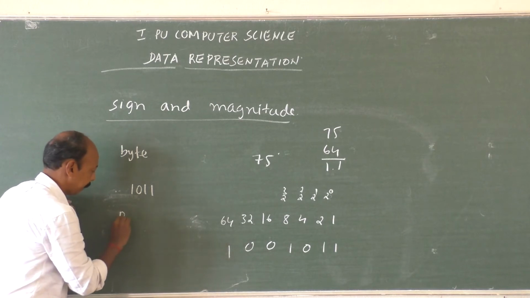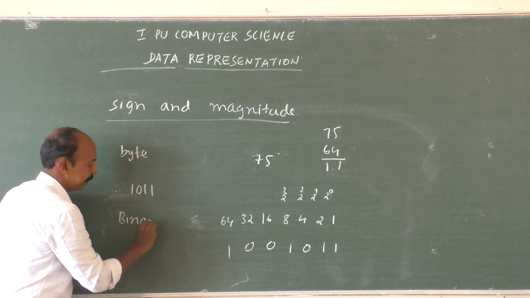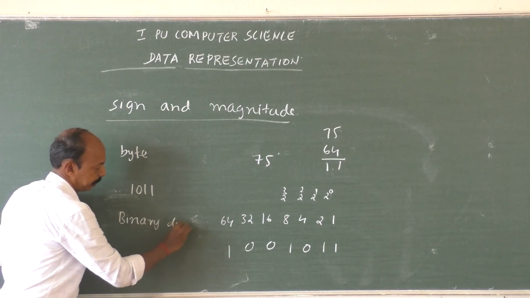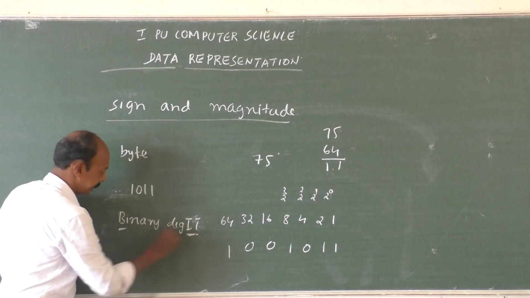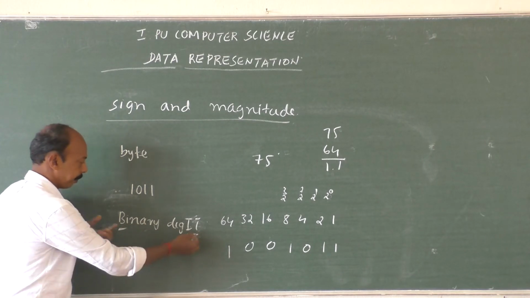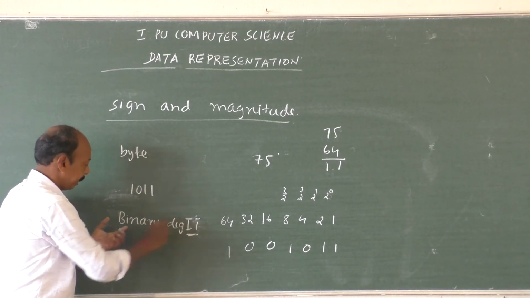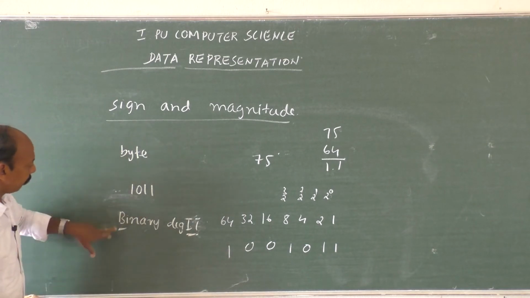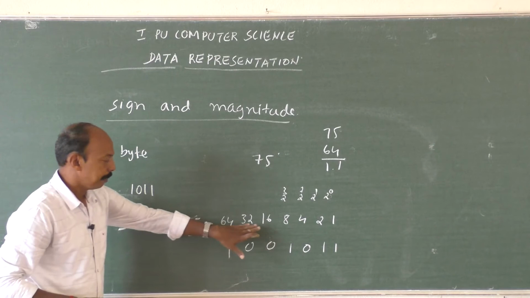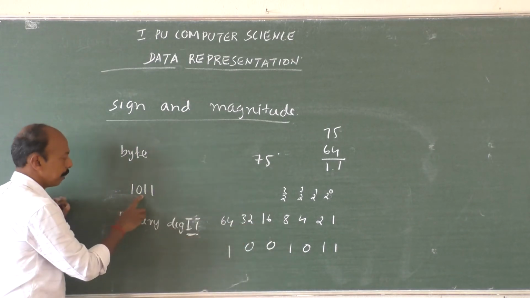It is binary digit. So binary digit, B here, IT here, take it together, it is called a bit. So whenever we are representing a binary number, these are called bits.